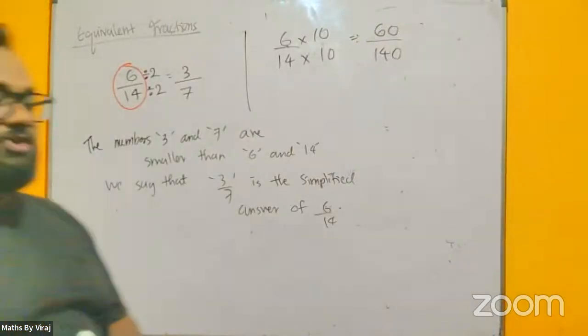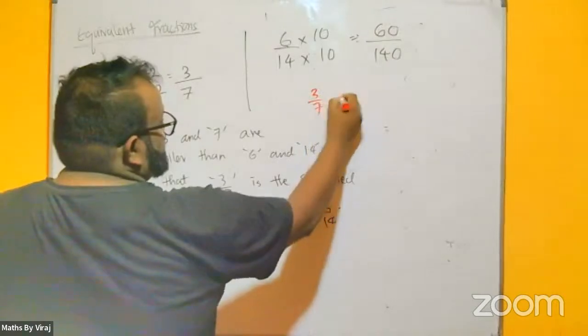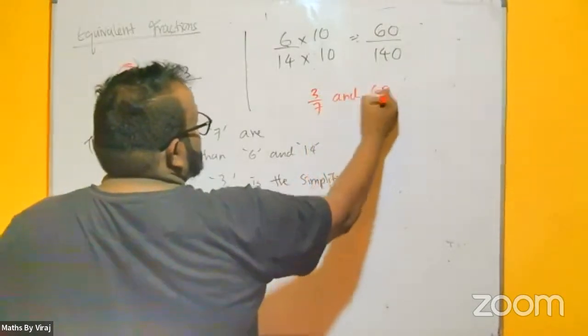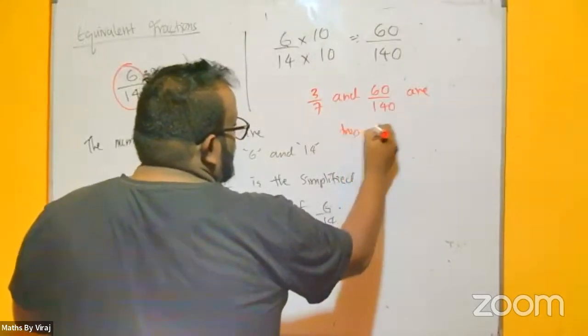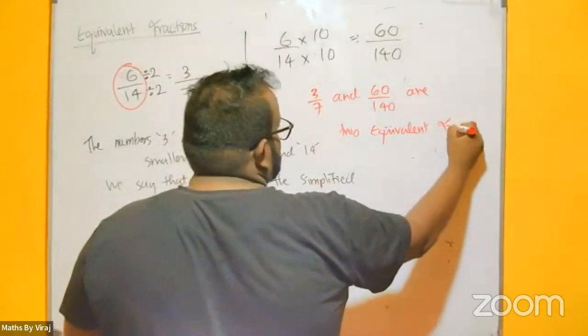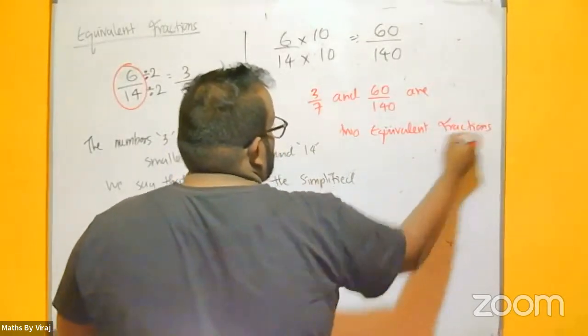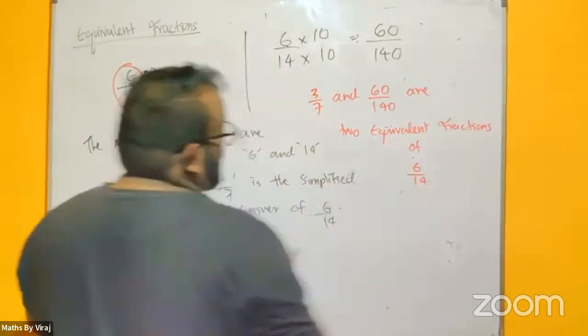Now what is it that we should understand, Pute? Yeah. 3 upon 7 and 60 over 140 are two equivalent fractions of 6 over 14.